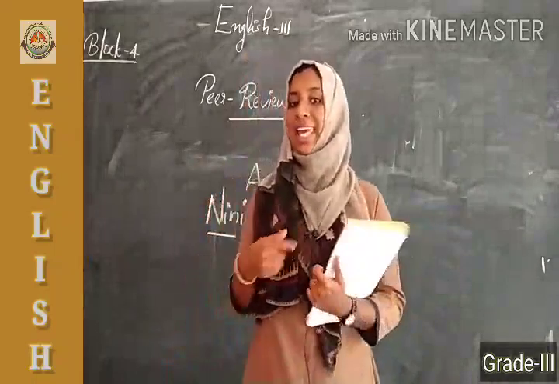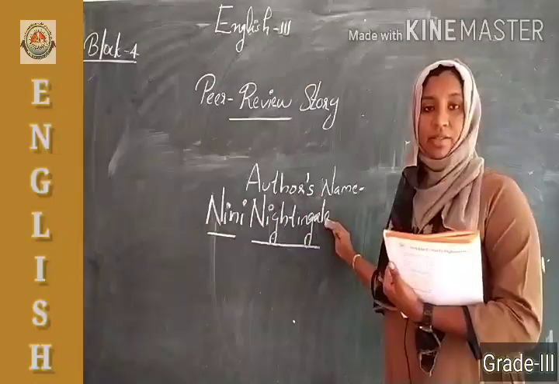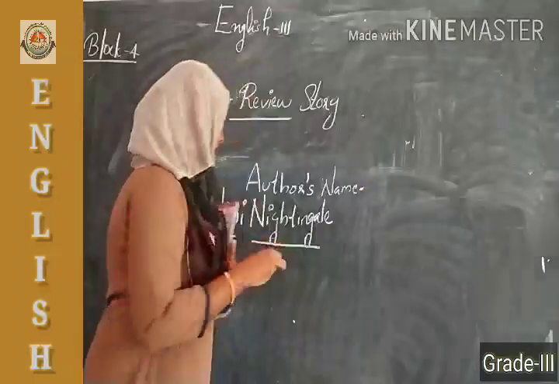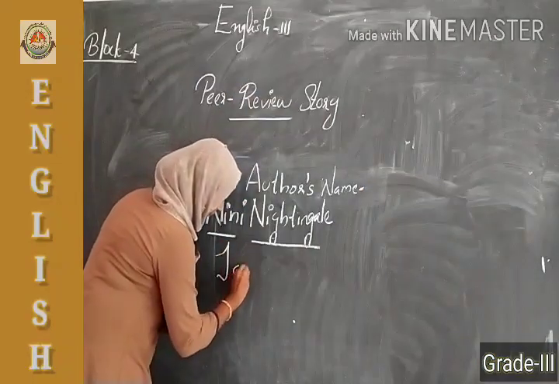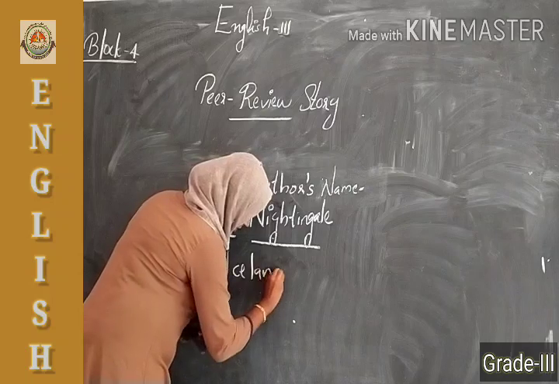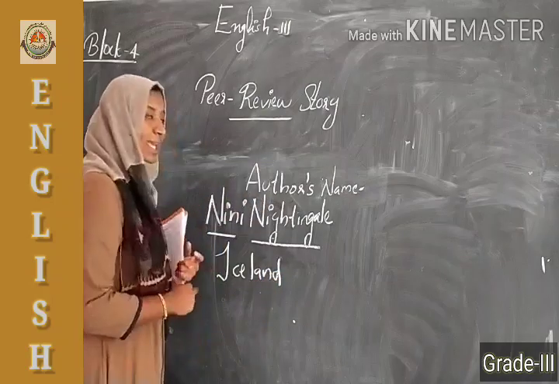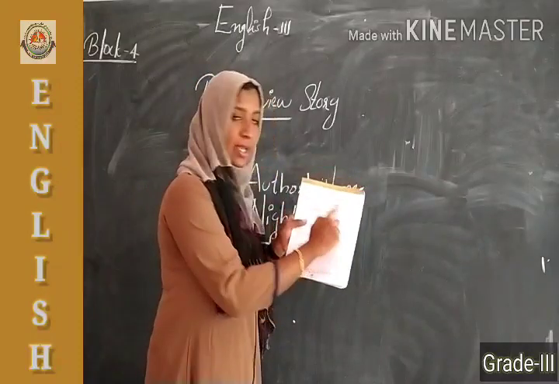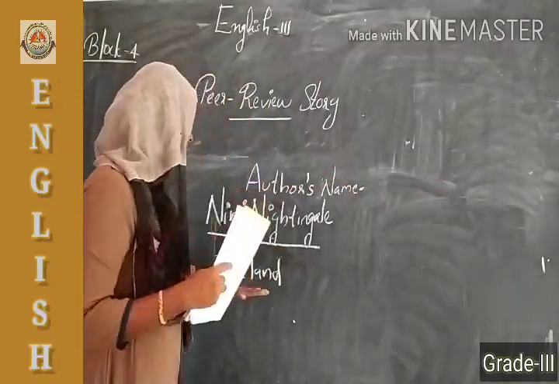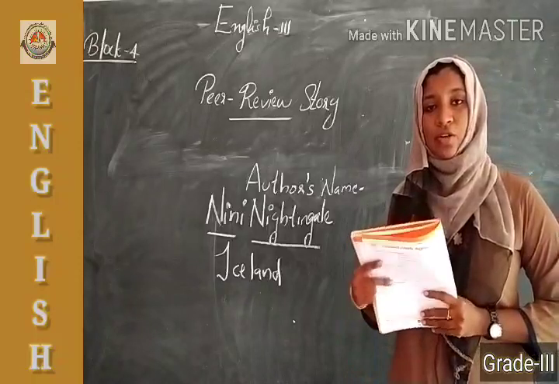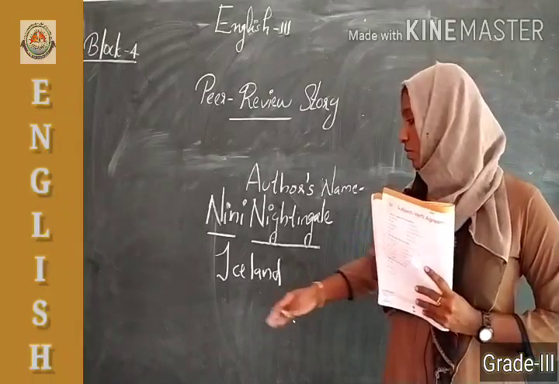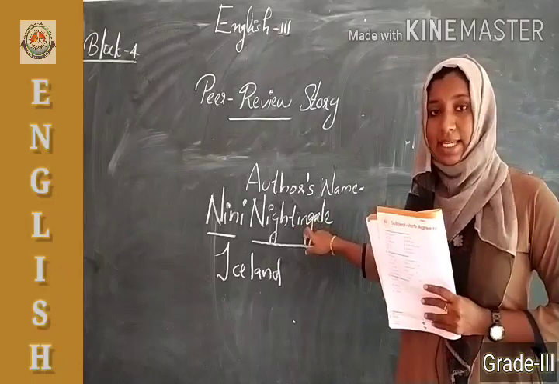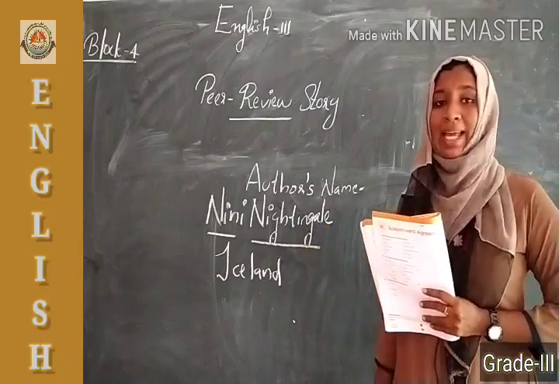So my character, I already said, is Nini Nightingale and she goes to Iceland. So I already wrote in the first column the name of the character, and second, where my character goes: yes, my character goes to Iceland. So my character is Nini Nightingale and she goes to Iceland.